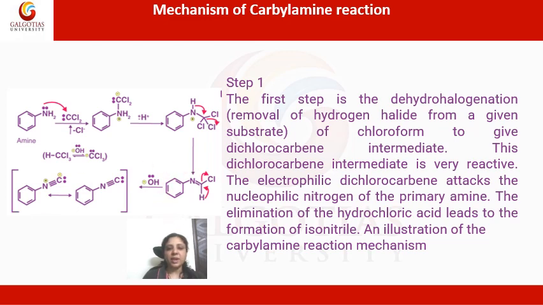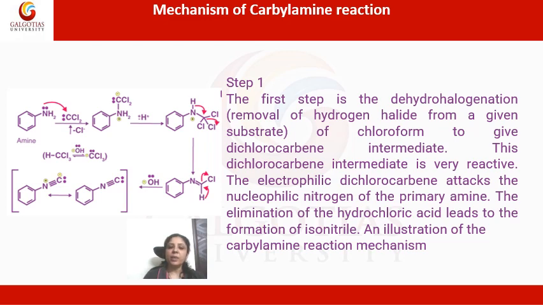So the first step is the dehydrohalogenation, that is the removal of hydrogen halide from the substrate chloroform to give dichlorocarbene as an intermediate. This dichlorocarbene intermediate is very reactive. The electrophilic dichlorocarbene attacks the nucleophilic nitrogen of the primary amine.